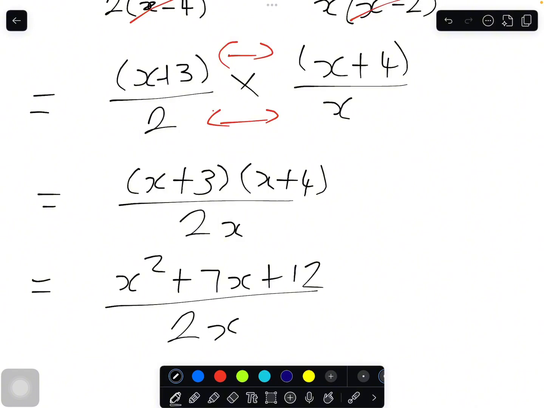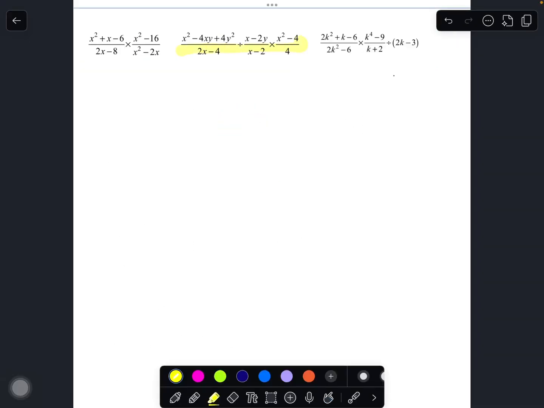Let's move on to our next question. We now have division, and division is where we're going to use our reciprocal. First things first, we must be able to factorize.